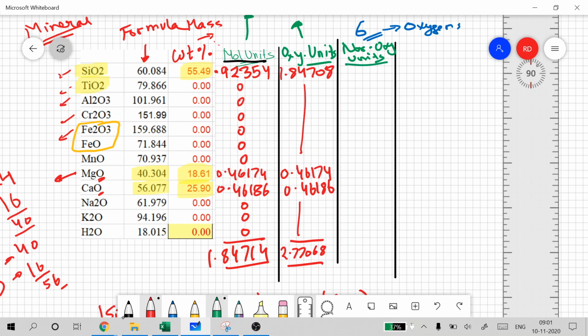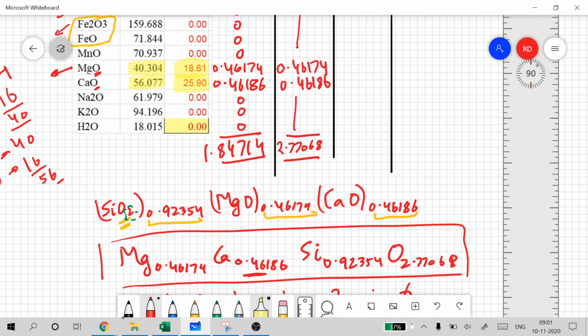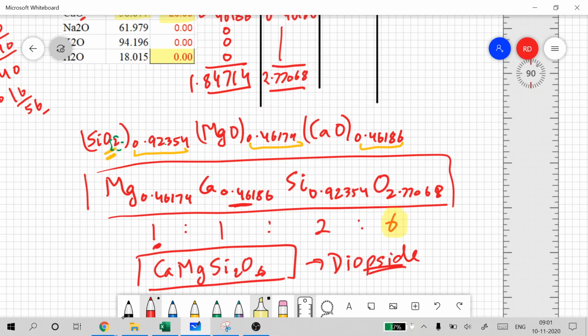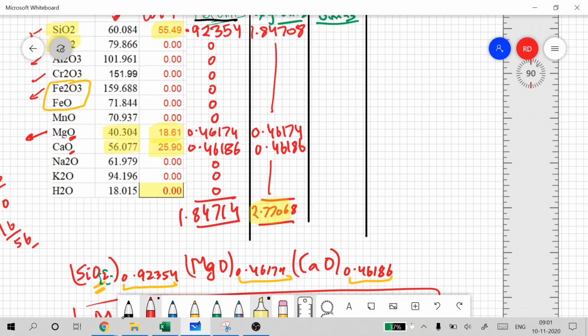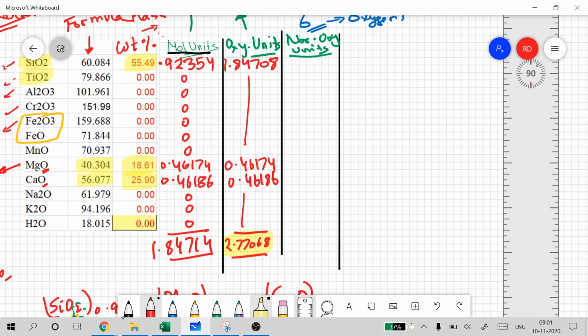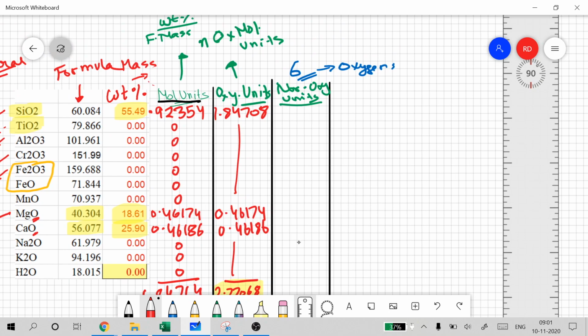Okay, normalized oxygen units. You want your total oxygens in the final formula, just like here, so that it looks neat. So you want to convert this to 6, so that the total adds up to 6. Okay, so the thing is 2.77. If the total is 2.77, SiO2 has 1.84 of those oxygen units. So if the total is 6, how many will you get here? What formula will you use?